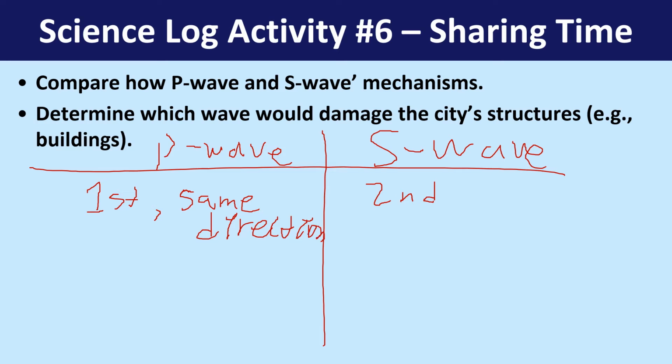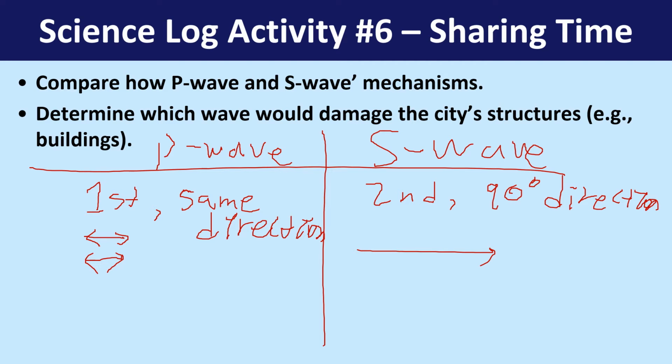What I mean by that is the movement of the wave actually overlaps with the movement of the earthquake. On the other hand, S wave is not the same direction, it is a 90-degree direction. What I mean is your wave may go west to east, but in fact your earthquake is going like this, which is up, down, and up.